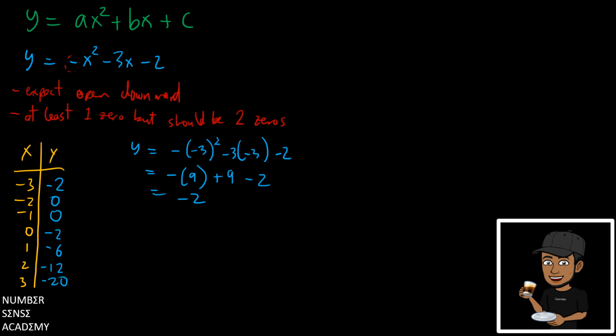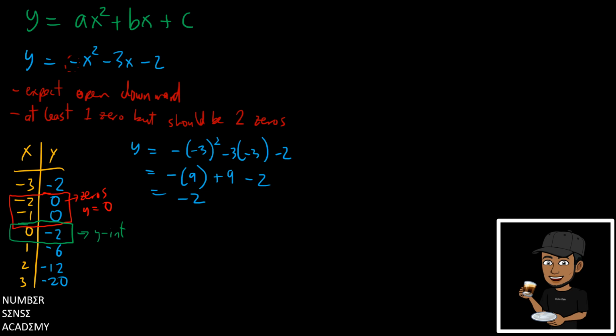Before we go to the graph, let's look at what we have. I have two x-intercepts, right? These are my zeros, because y is equal to 0. And I also have a y-intercept where x equals 0. What did I say was going to happen? The graph is negative.